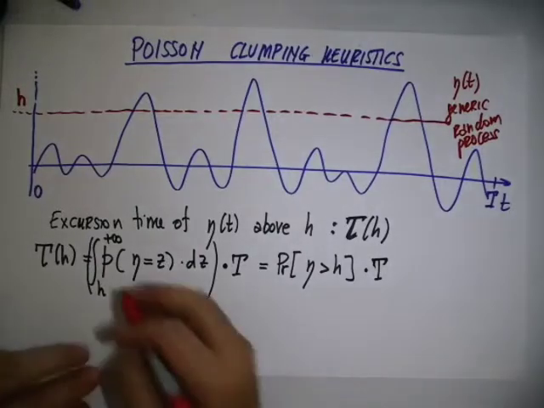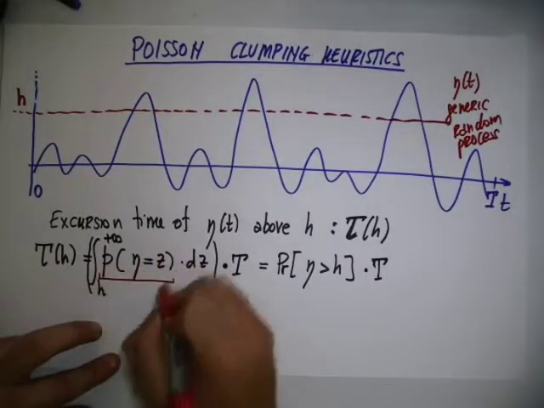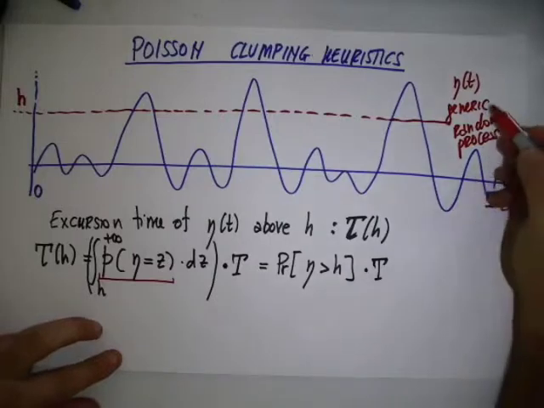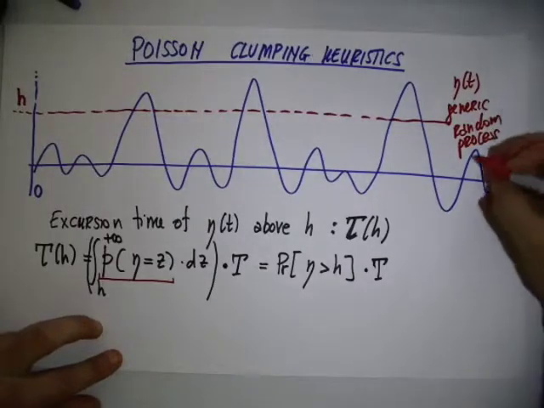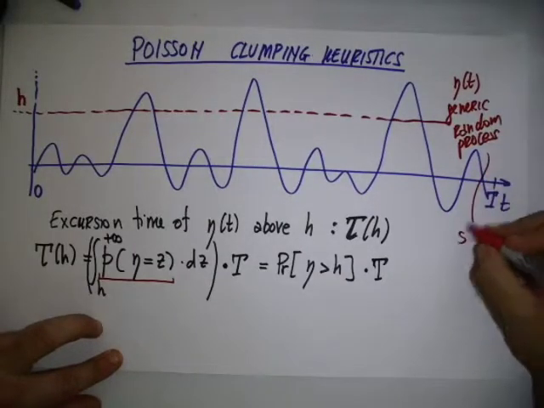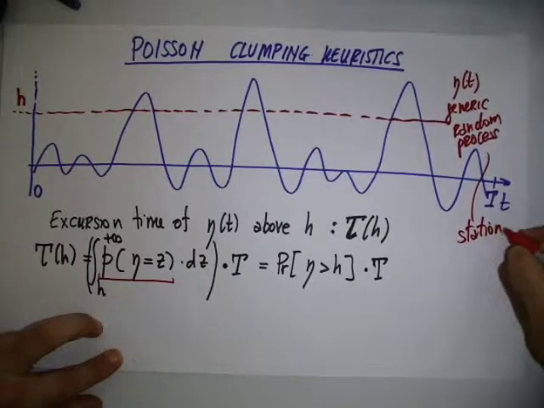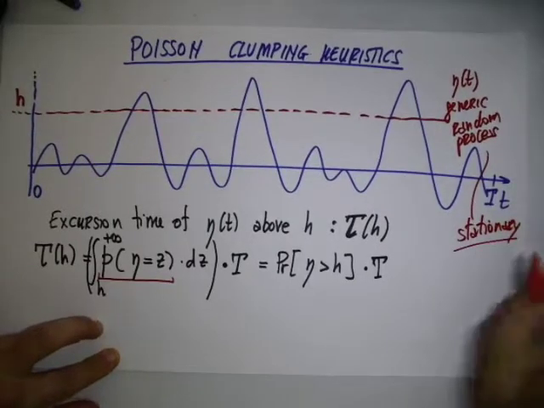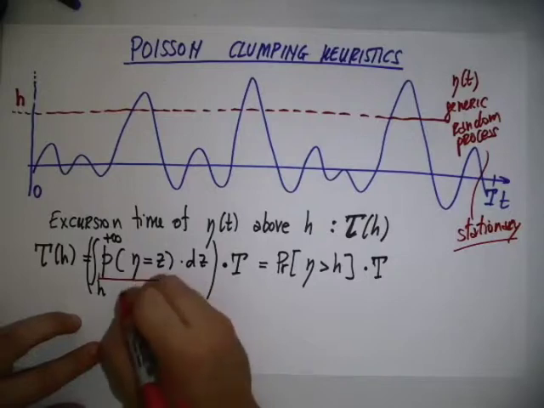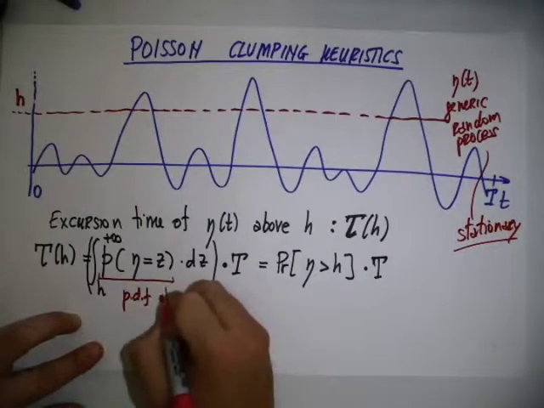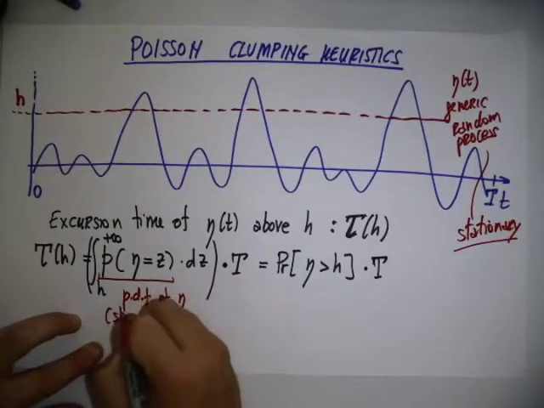And of course I assume that I know the generic random process that is stationary. So we know what is the PDF of eta, which is stationary.